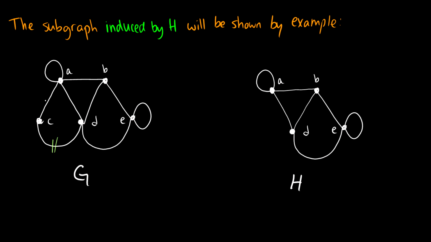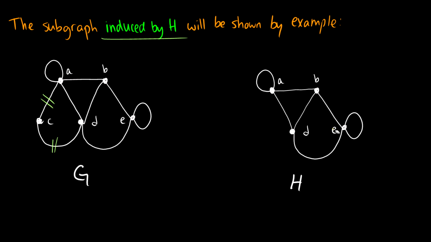So because we removed C, we only removed CD and CA. You cannot remove any other edge. When we induce a graph, we remove only the edges incident to the vertex we removed.